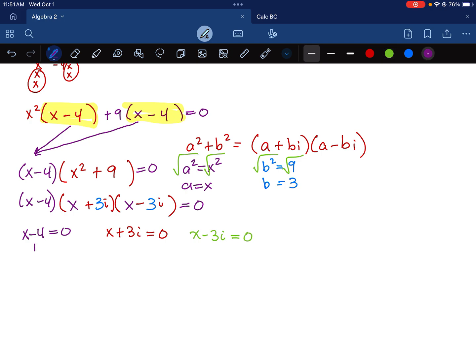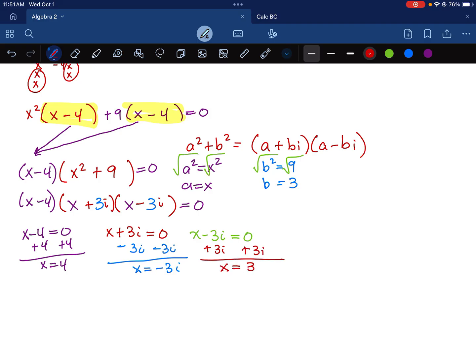So the first one, to isolate x, we're going to add 4 to both sides, and you get x equals 4. The second equation, you're going to subtract 3i over to the other side, and you get x equals negative 3i. The green equation, you're going to add 3i to both sides, and you're going to get x equals positive 3i. So those are your three answers.